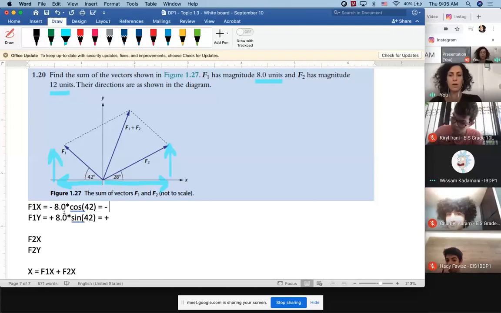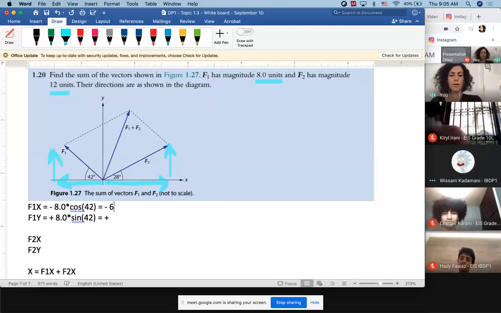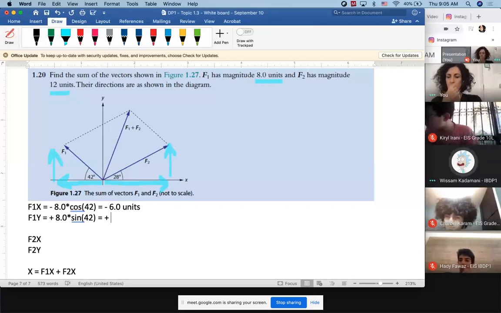Do you have a final answer for this one? Okay, I'm gonna round it to 6.0 to make it two digits, and the unit is units. What about the next one? 5.35 or 5.4 units.